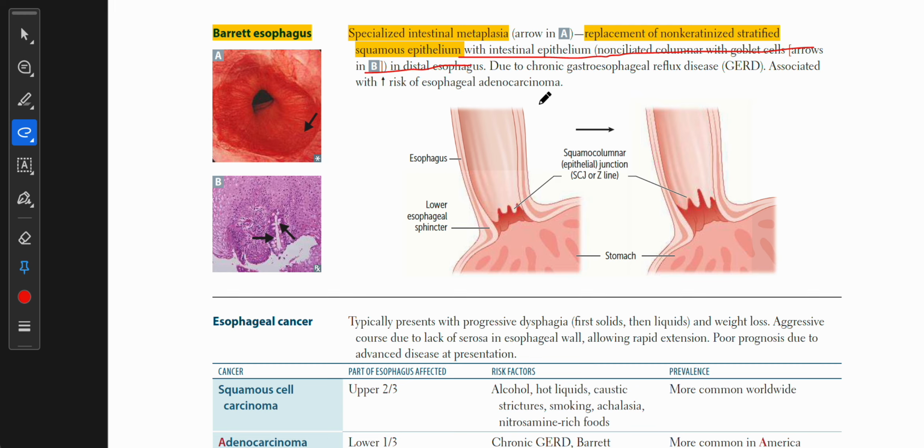It is due to chronic gastroesophageal reflux disease, GERD, and is associated with increased risk of esophageal adenocarcinoma.